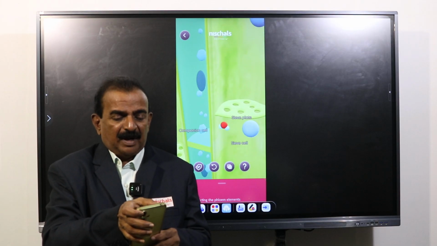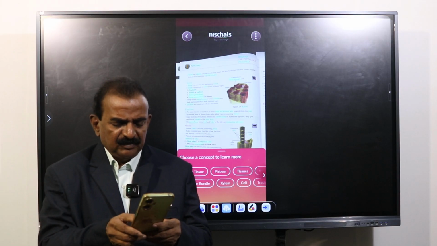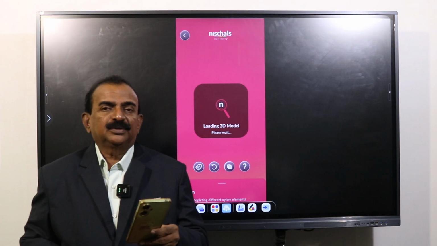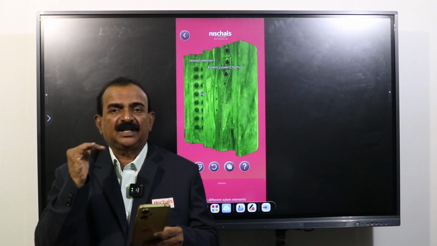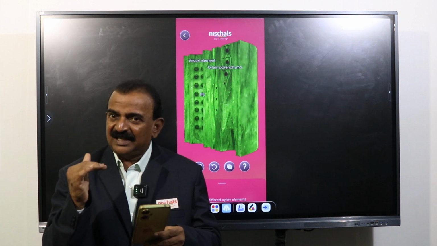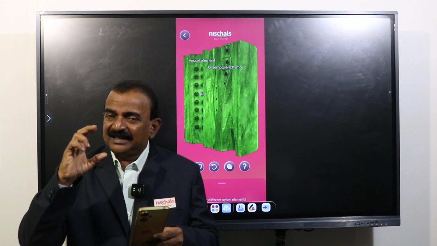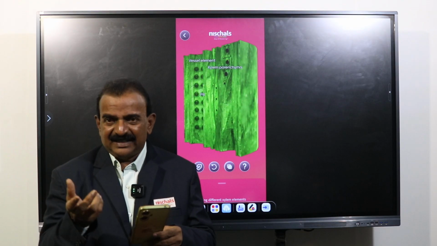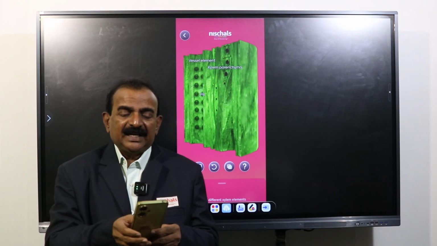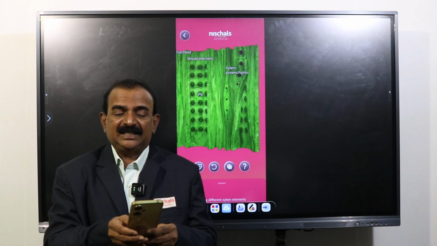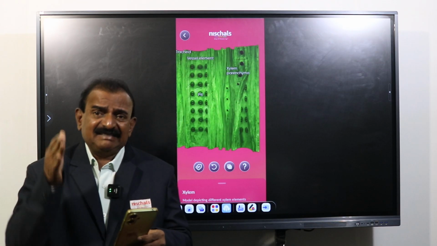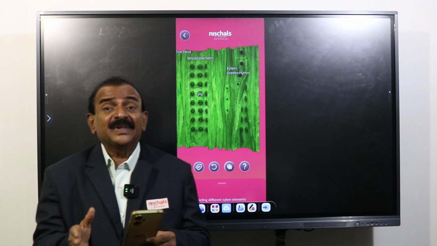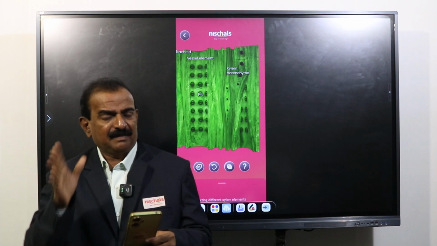Now I am operating another one, that is xylem tissue. I told you xylem vessels are useful for transportation of water and mineral salts, and xylem also has tracheids and xylem vessels. These vessels and tracheids are made up of lignin, and they are thick and dead tissue except xylem parenchyma.